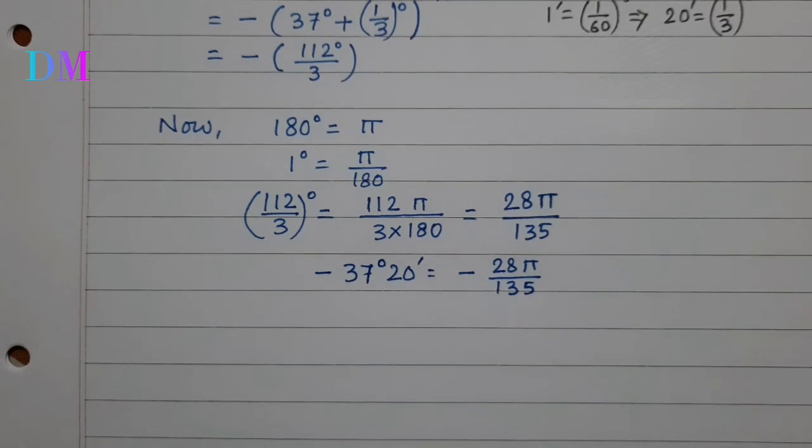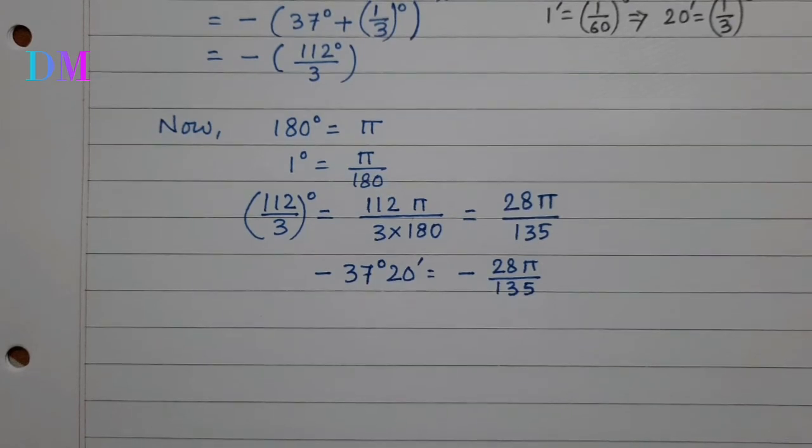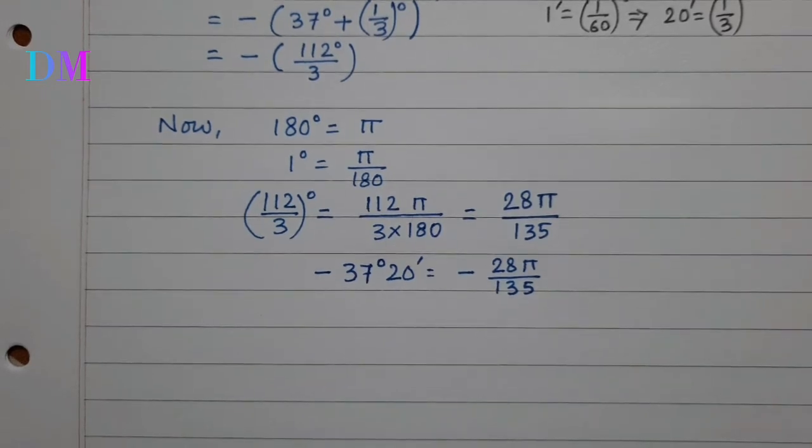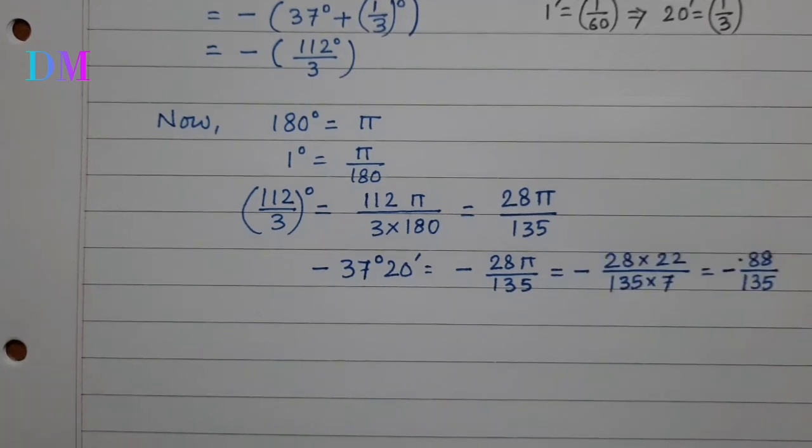Therefore minus 37 degree 20 minutes equals minus 28 pi by 135. Here we can put pi equals 22 by 7 also. So if we put 22 by 7, we will get minus 37 degree 20 minutes equals minus of 88 by 135 radian.